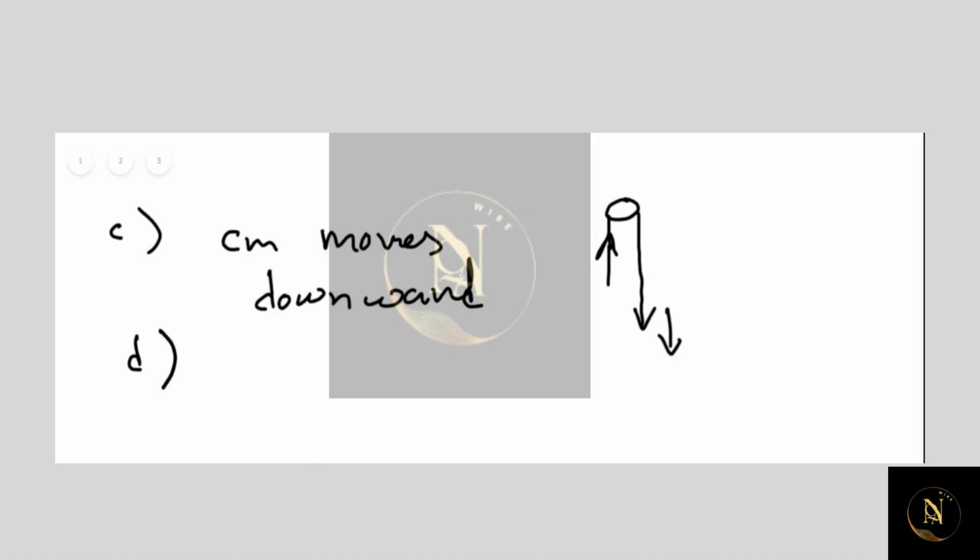Part D, because the containers are connected by the string which runs over the pulley, their accelerations have the same magnitude but in opposite directions.